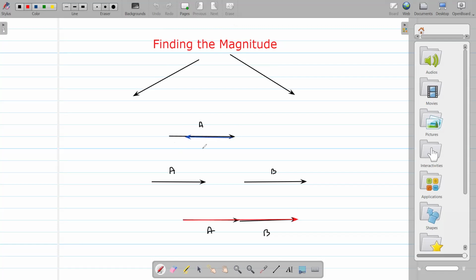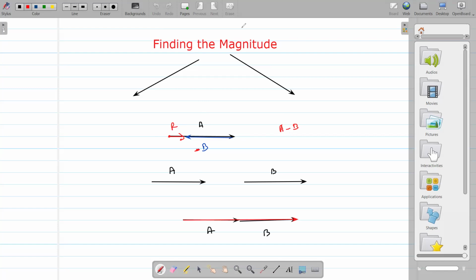If vector B is of a different length from vector A, how do we work out the resultant? Because B is in this way, if I want to find A minus B, first I do vector A, then I do vector minus B. The resultant is from the tail of the first to the head of the last. That will be the resultant.